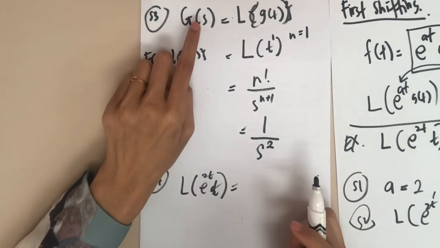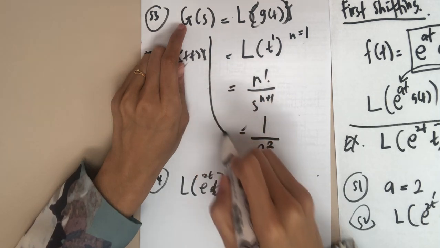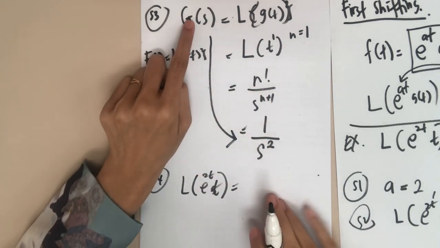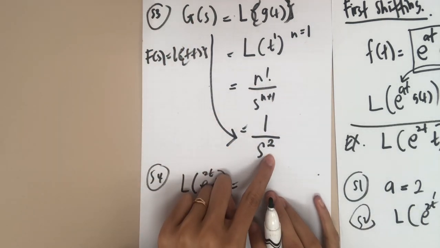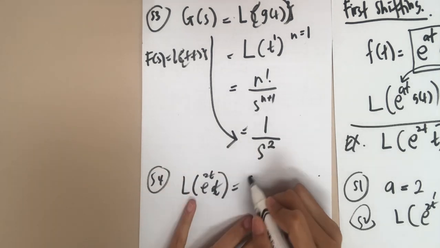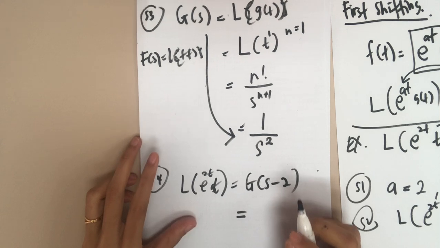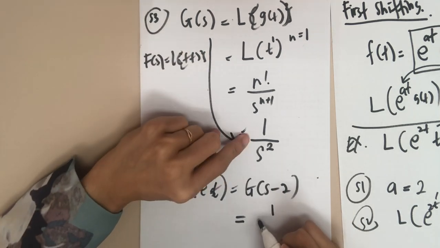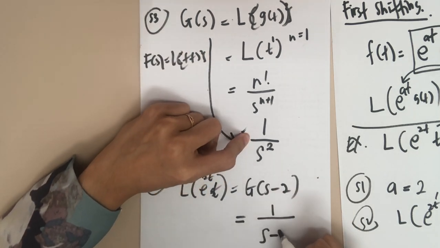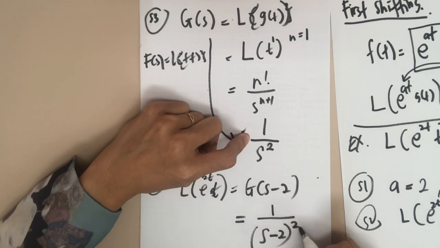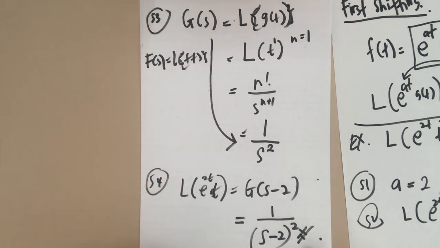G(s) is 1 over s squared. Now we want G(s minus 2). Therefore, our answer must be 1 over (s minus 2) squared. This is our final answer.